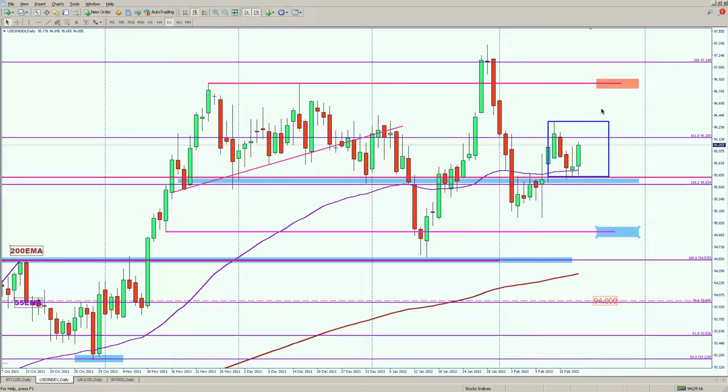If it breaks out higher, then it can attempt to test this previous resistance. Otherwise, if it breaks down below this support level, then there is a possibility that it could test this swing low, and further below that, the critical previous swing high here at this 100 Fib.